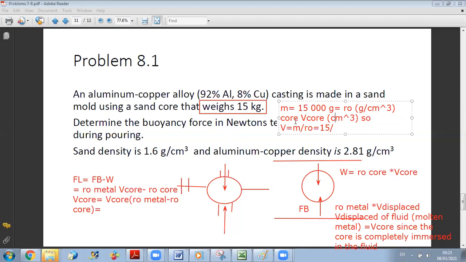So if I keep rho in gram per centimeter cube and I convert the mass to gram, then my volume will be in centimeter cube. So V in centimeter cube will be equal to M in gram over rho in gram per centimeter cube.